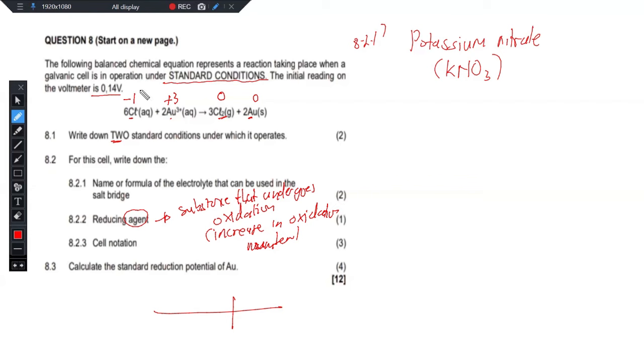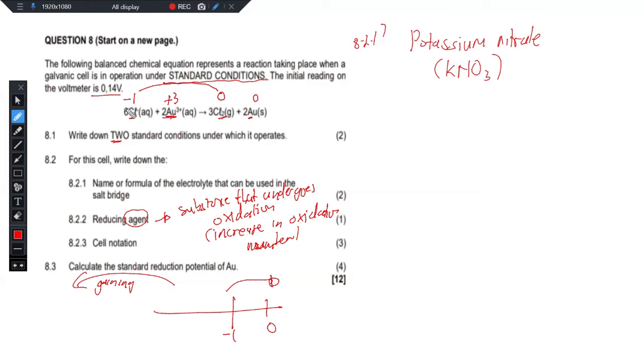So from -1 to 0, we can agree that if we have -1 here and then 0 here, this will be moving to the right. But then with +3 to 0, we are moving to the left, which indicates that we are gaining electrons. So Au3+ is gaining electrons to Au. So that means this is actually an oxidizing agent, right?